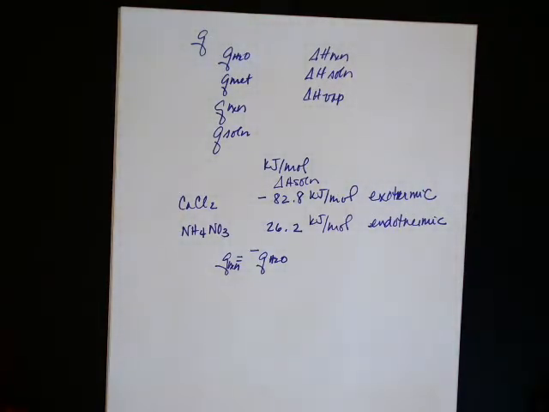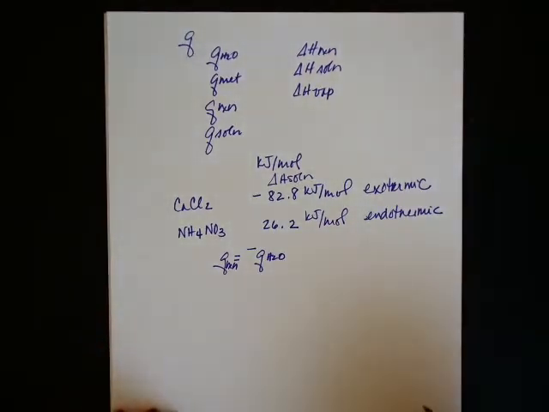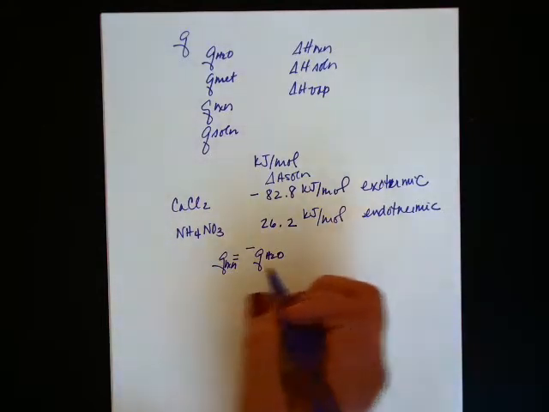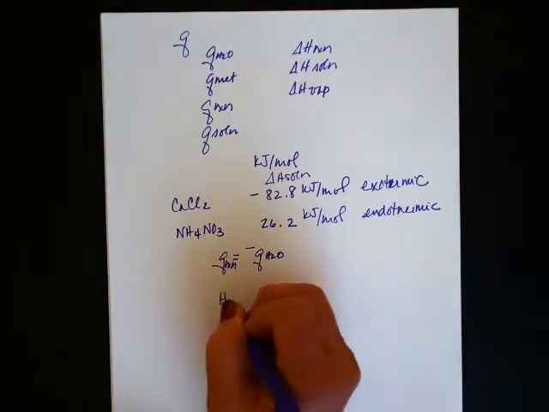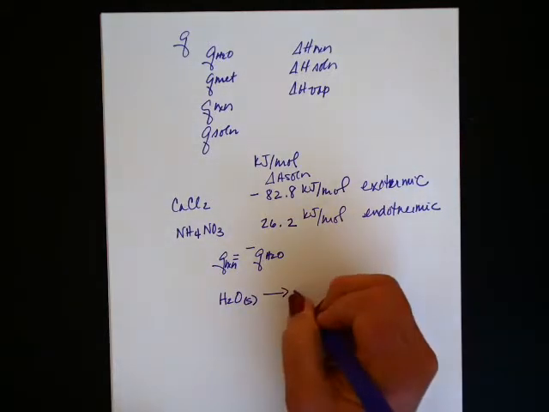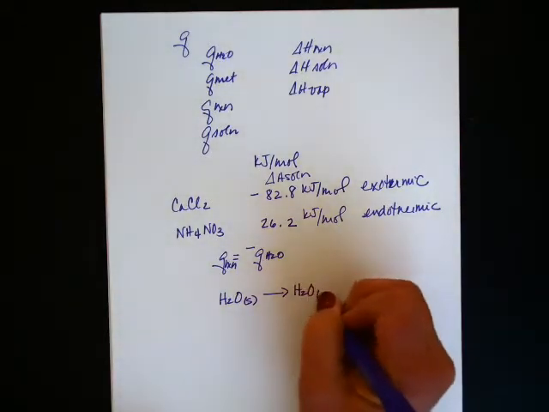All right, now we're going to talk about thermochemical equations. I think we'll look at this two ways, actually. Here's just a phase change. So we have solid water being converted to liquid water.